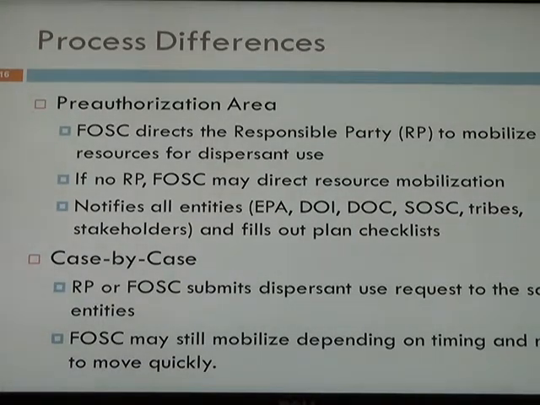If there's no responsible party, the Federal On-Scene Coordinator may direct the resource mobilization, even without the RP. And all entities are notified during this process: the EPA, Department of Interior, Department of Commerce, the state, tribes, and stakeholders. And all of the checklists in the plan are still filled out.